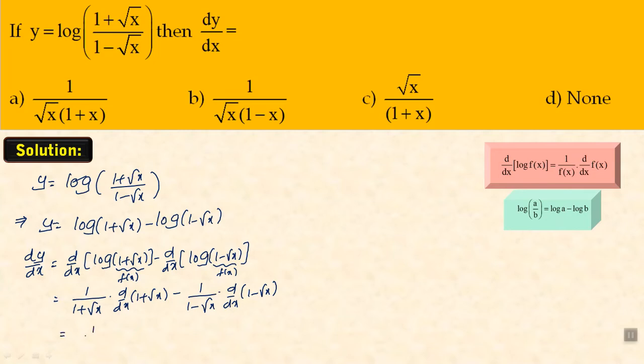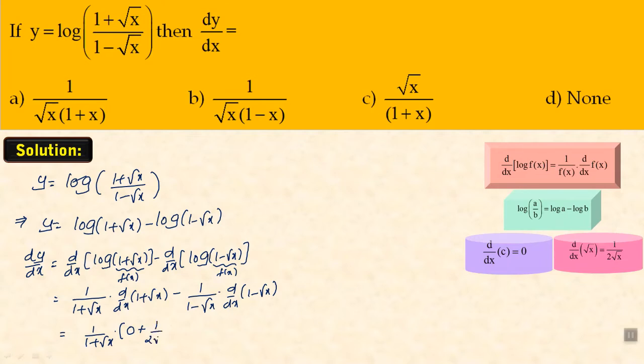This equals to 1 by 1 plus root x into d by dx of 1 plus root x. 1 is constant, d by dx of constant is 0, plus d by dx of root x is 1 by 2 root x, minus 1 by 1 minus root x into d by dx of 1 minus root x.